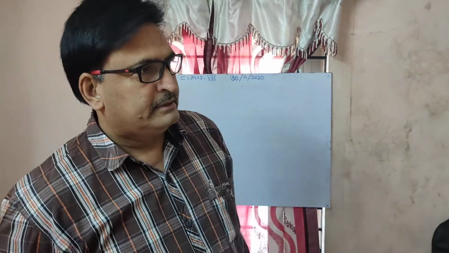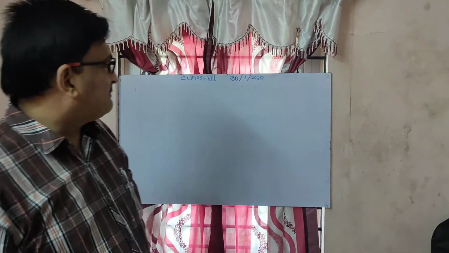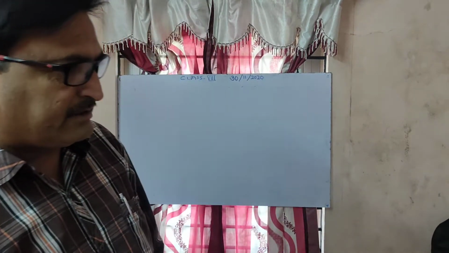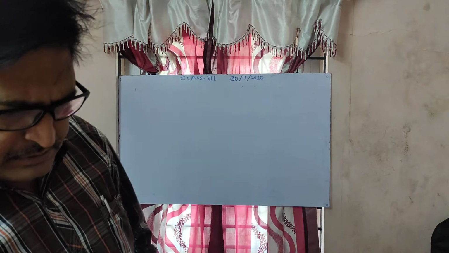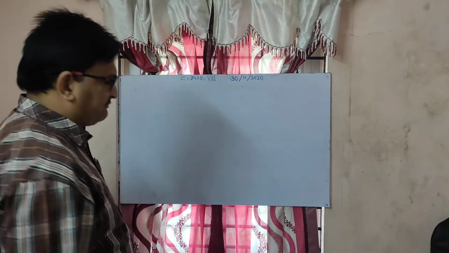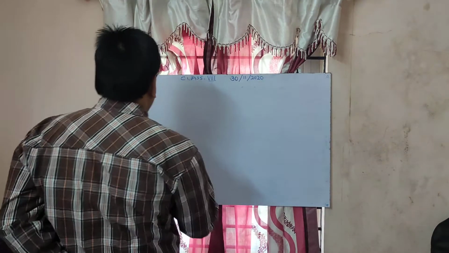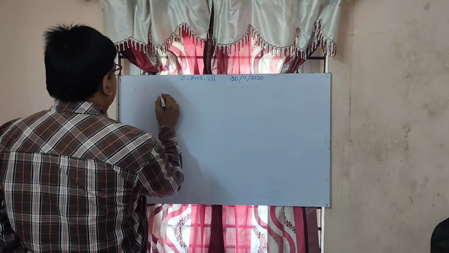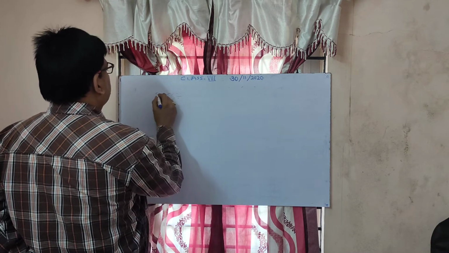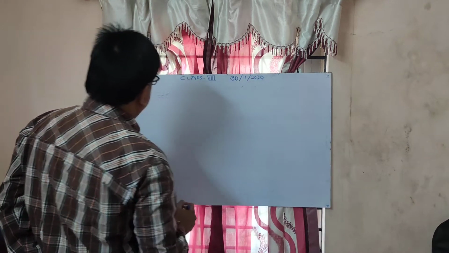so in the previous class, we were discussing the standard form of any number, how to write the standard form. I have given some examples. For example, another example: 23567.